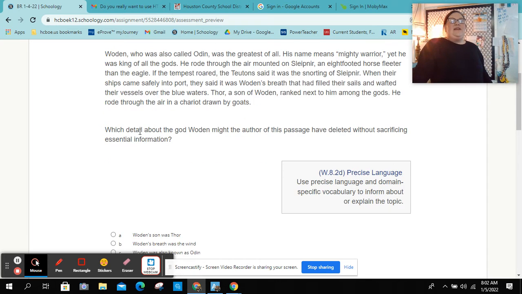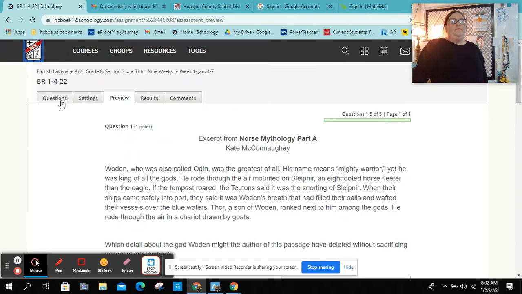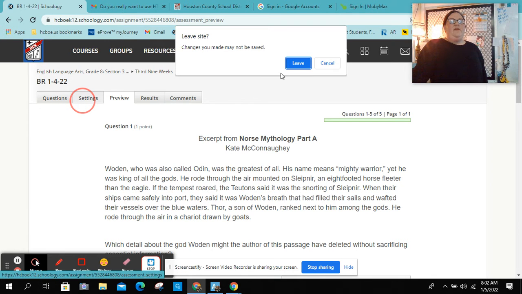All right, which detail about the god Woden might the author of this passage have deleted without sacrificing essential information? So, what do we need to know? What? Okay. Let me fix that.